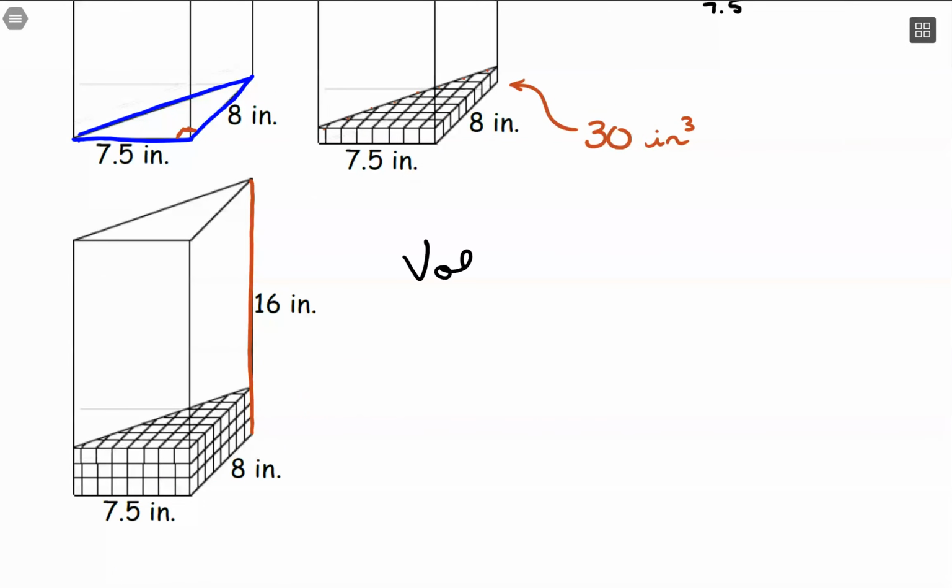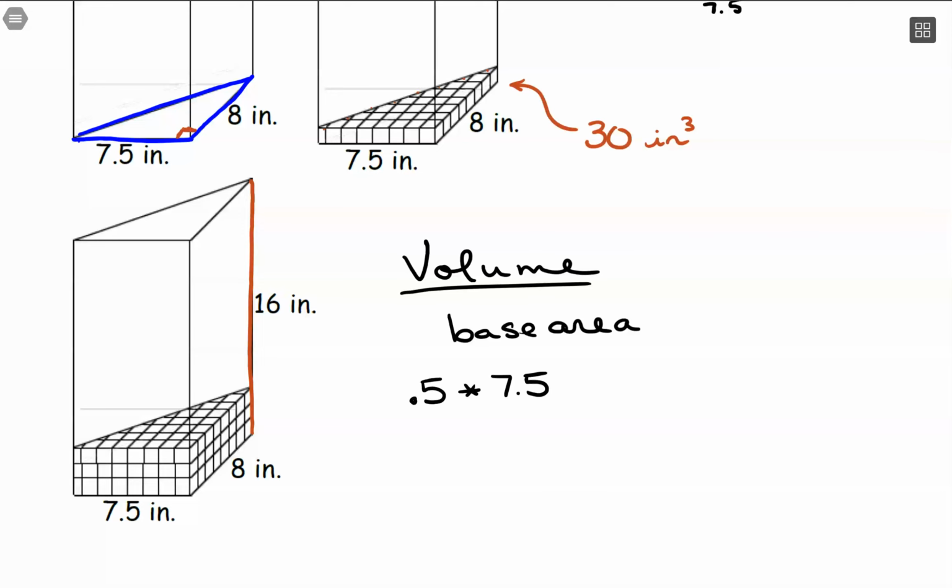So for volume, we're going to take that base area, which was the 1/2, and I'll actually write all of this out. The 1/2 times base of the triangle times height of the triangle, and then we need to do times height of the prism, which is 16 inches.